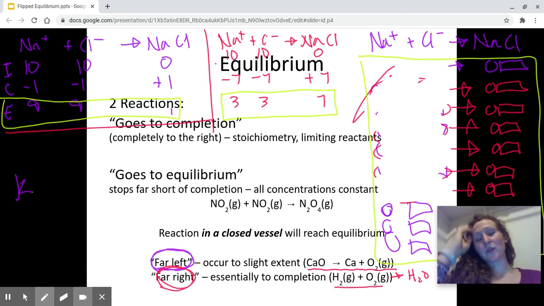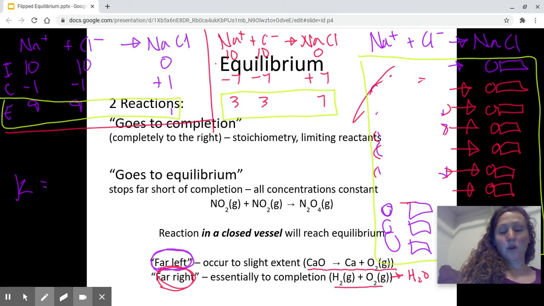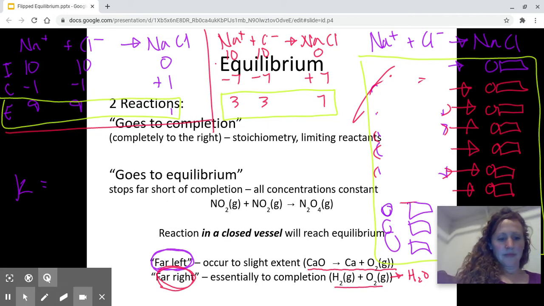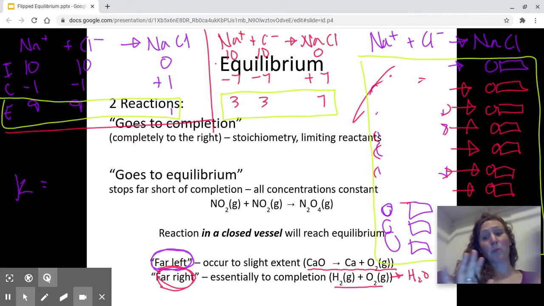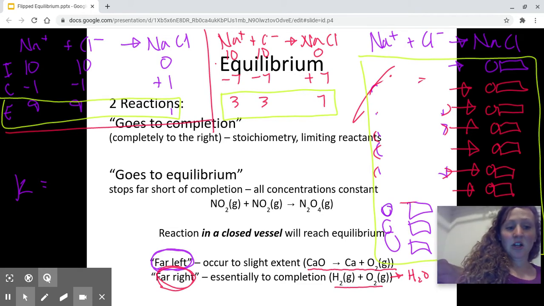And basically, we do it in the form of a ratio between products and reactants. Now we're going to get farther into this, but while we have these examples on the board, let's tie it to this. Okay, so we're going to talk about where equilibrium occurs. Yes, this ties back into stoichiometry. But we need to talk about where equilibrium occurs, and really it's this relationship or this ratio between products and reactants, and it's called K.